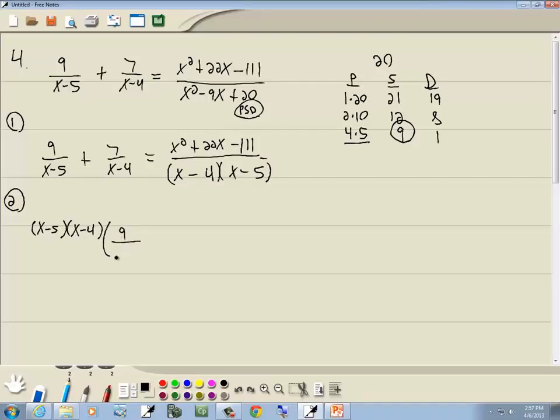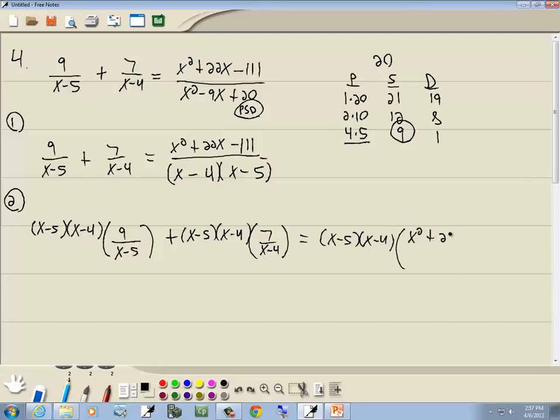So we'll multiply it by 9 over x minus 5. We'll multiply it times 7 over x minus 4. And we'll multiply it times x squared plus 22x minus 111 over x minus 4, x minus 5.